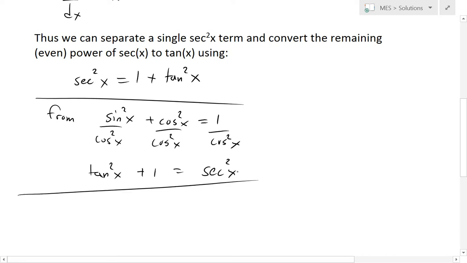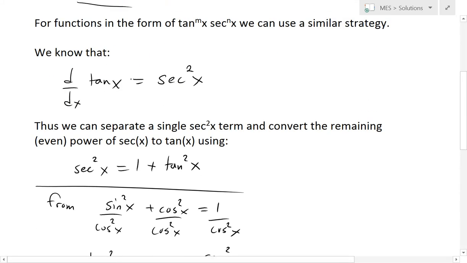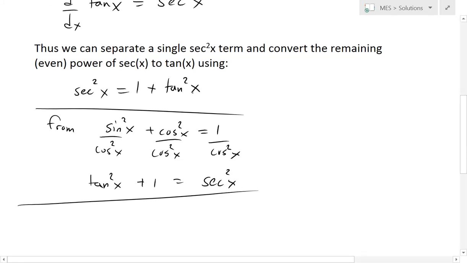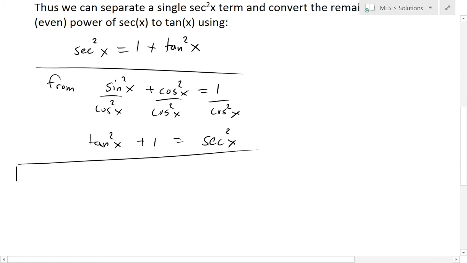So that's where we get this one from. Since we know this derivative, we can separate one secant squared of x, convert the remaining into tan squared of x, and then apply the substitution rule where u equals tan of x.